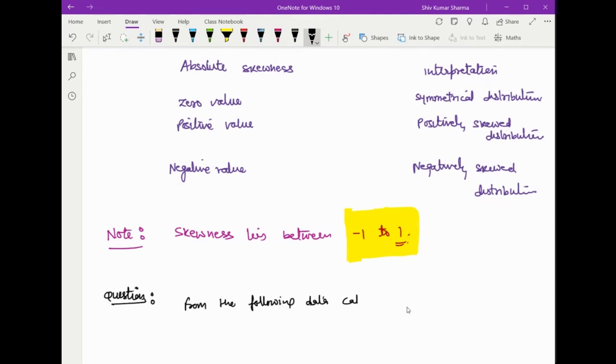From the following data, calculate the Karl Pearson's coefficient of skewness.